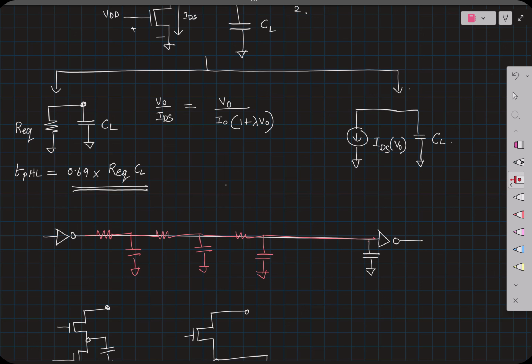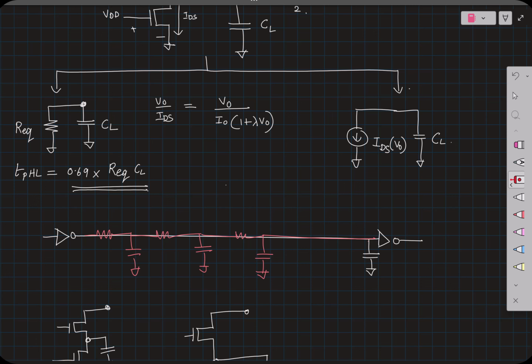So eventually you'll end up with a big RC circuit. It is still an RC circuit even though it is big, and we are now experts in calculating the time constants of RC circuits, calculating the delay, etc. So because of these reasons, we tend to prefer this method, right? Any questions on this?